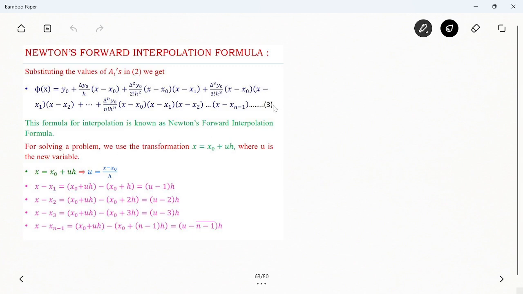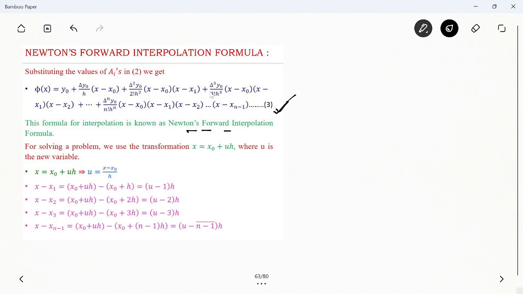After putting these values, we get this polynomial: phi x equals y0 plus delta y0 by h into x minus x0, plus del square y0 by 2 factorial h square into x minus x0 into x minus x1, plus del cube y0 by 3 factorial h cube into x minus x0, x minus x1, x minus x2, up to del to the power n y0 divided by n factorial h to the power n into x minus x0, x minus x1, x minus x2, up to x minus x(n minus 1). So this formula for interpolation is known as Newton's forward interpolation formula.